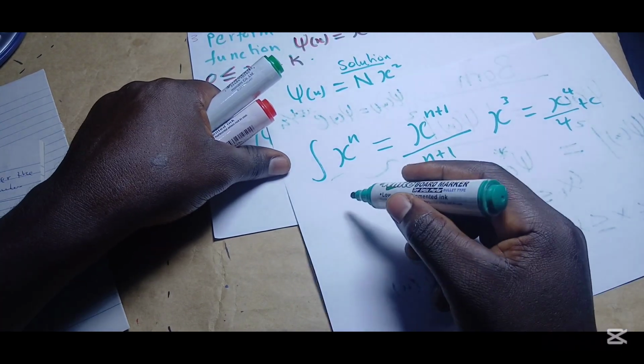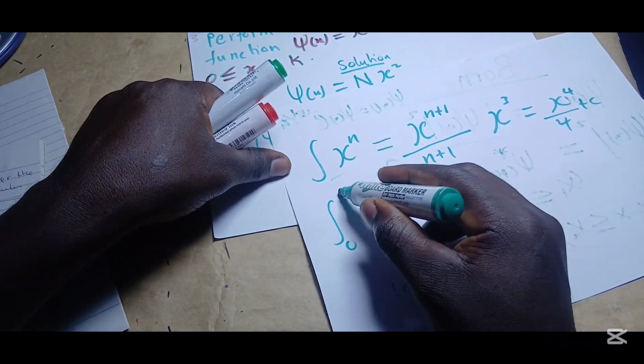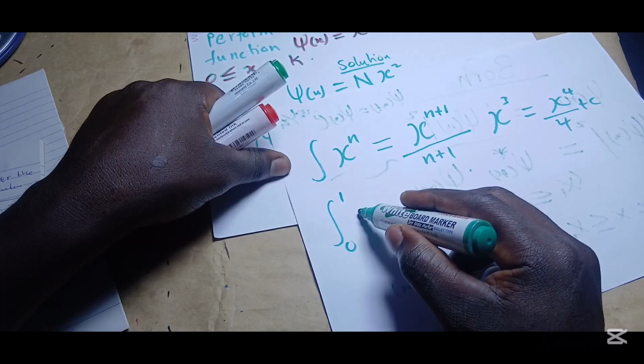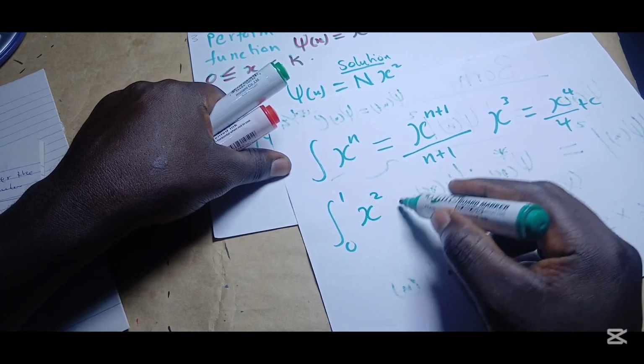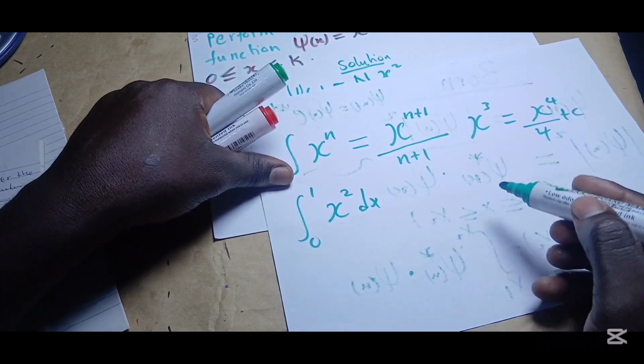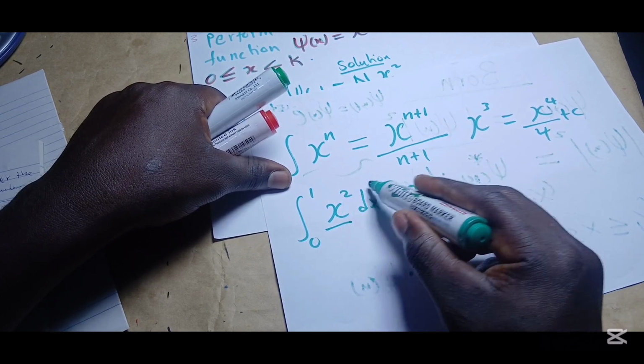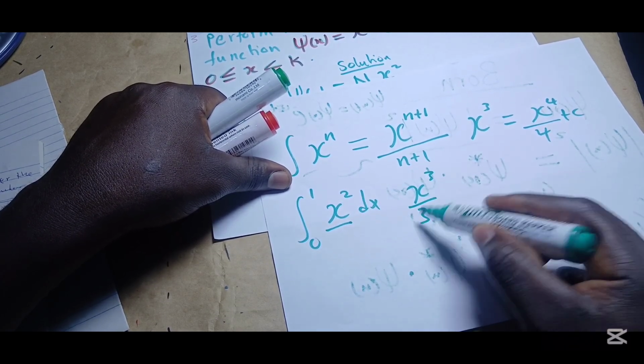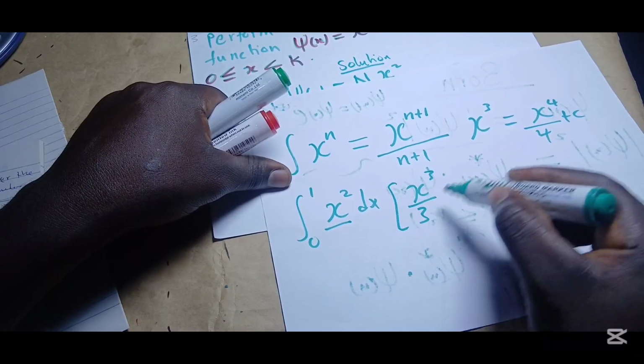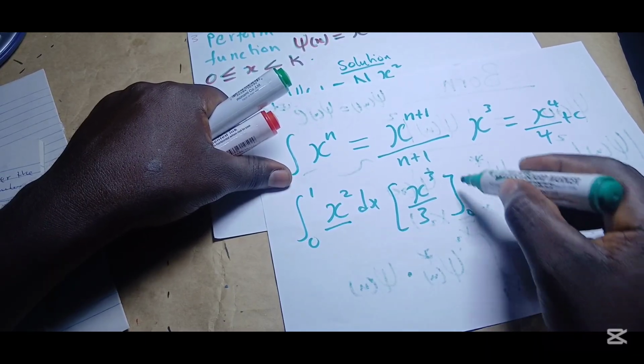If I'm given limits from 0 to 1 to integrate the function x squared dx, I first integrate this: x to the power 2 plus 1, which is 3, divided by 3. Now evaluate it from 0 to 1.